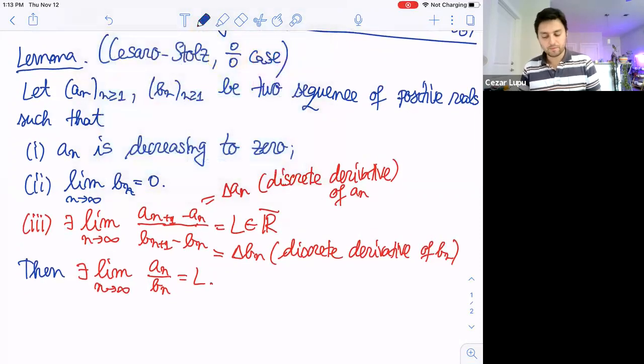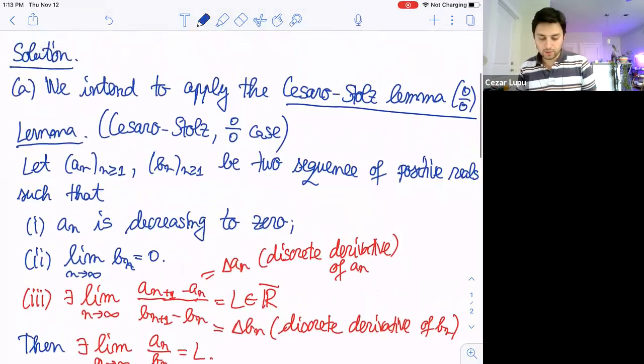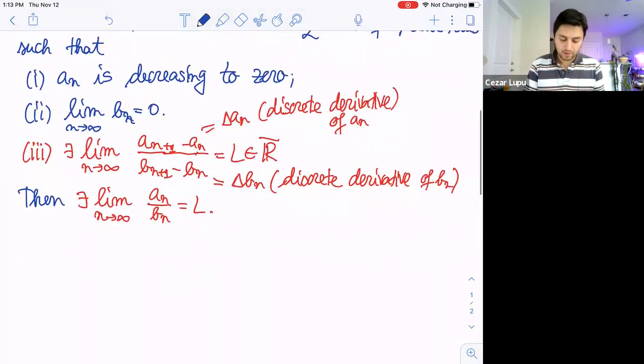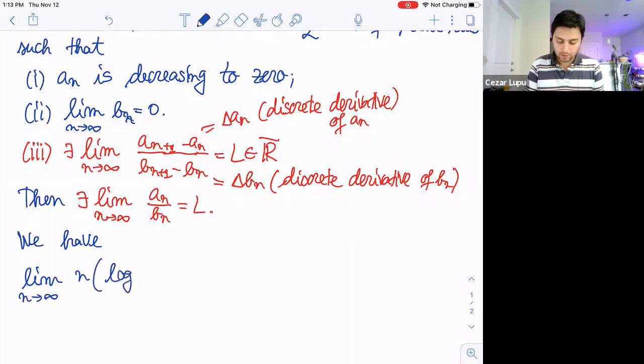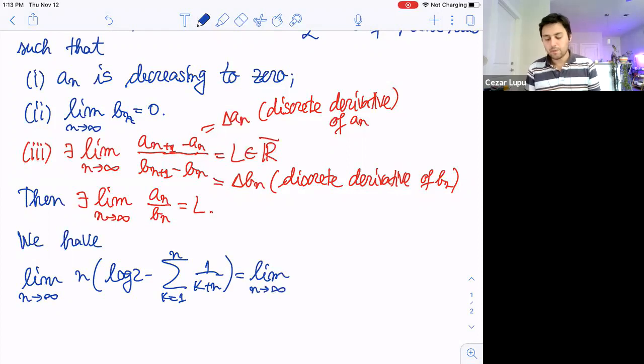So we would like to use this lemma. Let's go back to our sequence. We have the limit as n approaches infinity of n times log 2 minus the sum. Keep in mind that the sum from k equals 1 to n of 1 over k plus n converges to ln of 2.